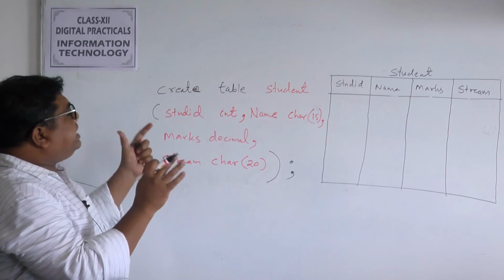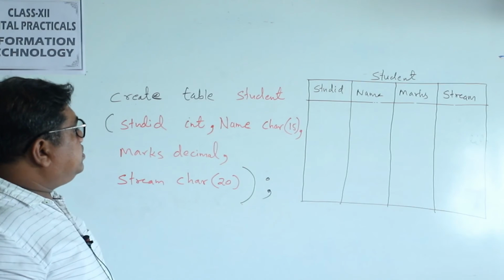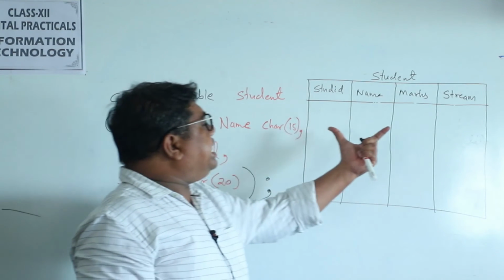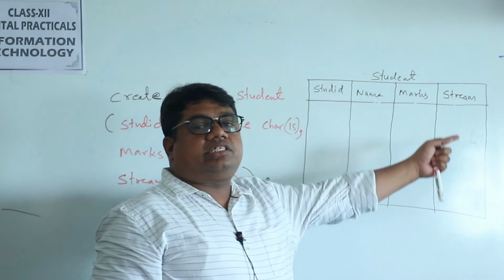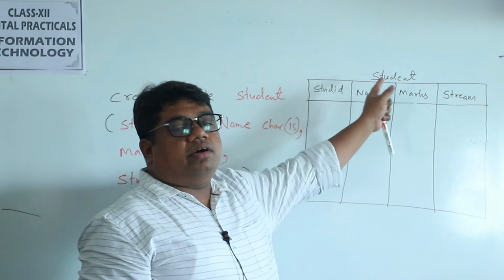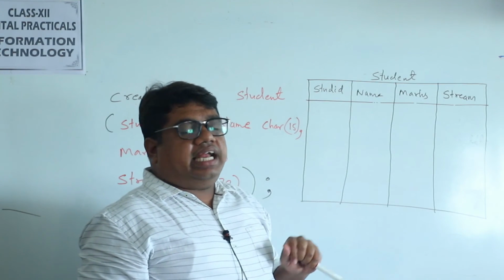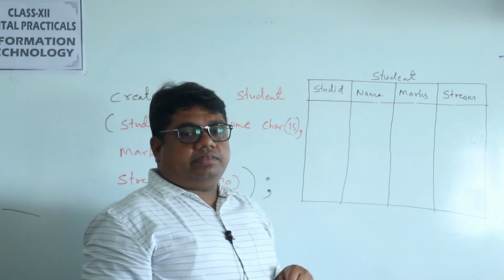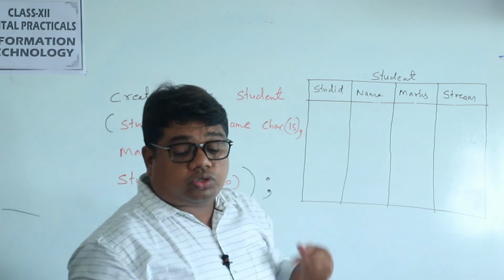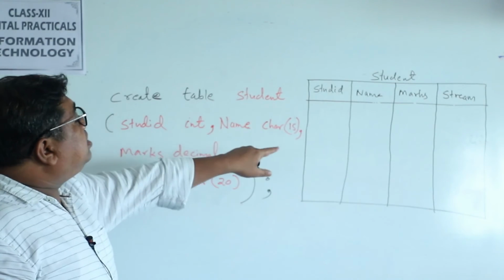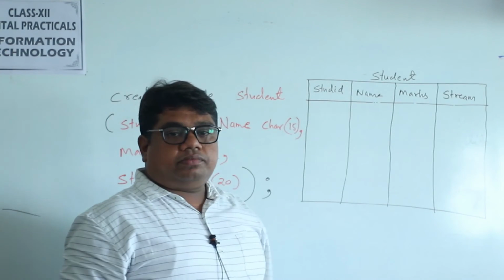Okay, so after creating this table, now see it will create an internal rectangular structure with those column headings. And after creation of this table, how to insert rows in the table?